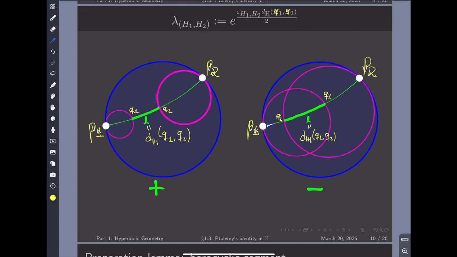And also here, it's the lambda length of the same thing with respect to another pair of horocycles. That's the way people usually think about it. So you see, it's almost just the distance between these two.